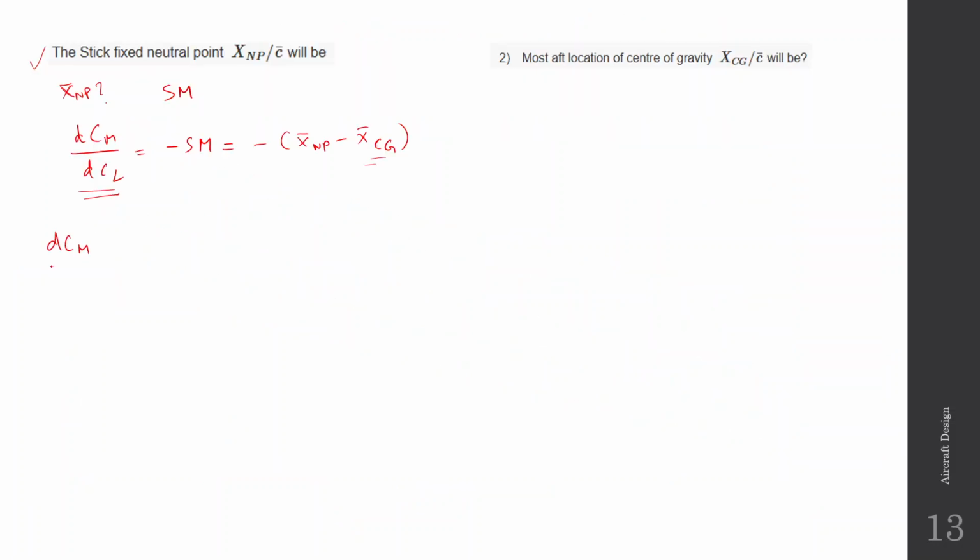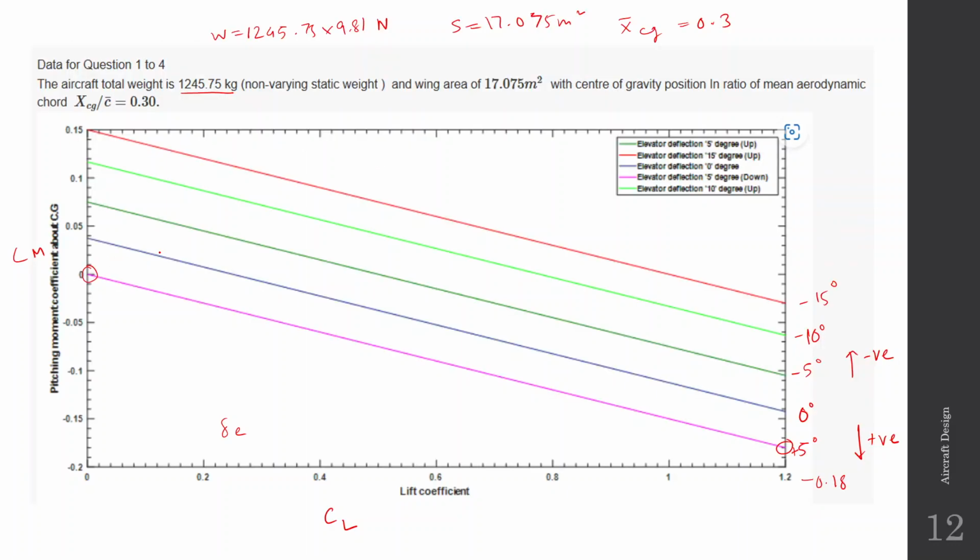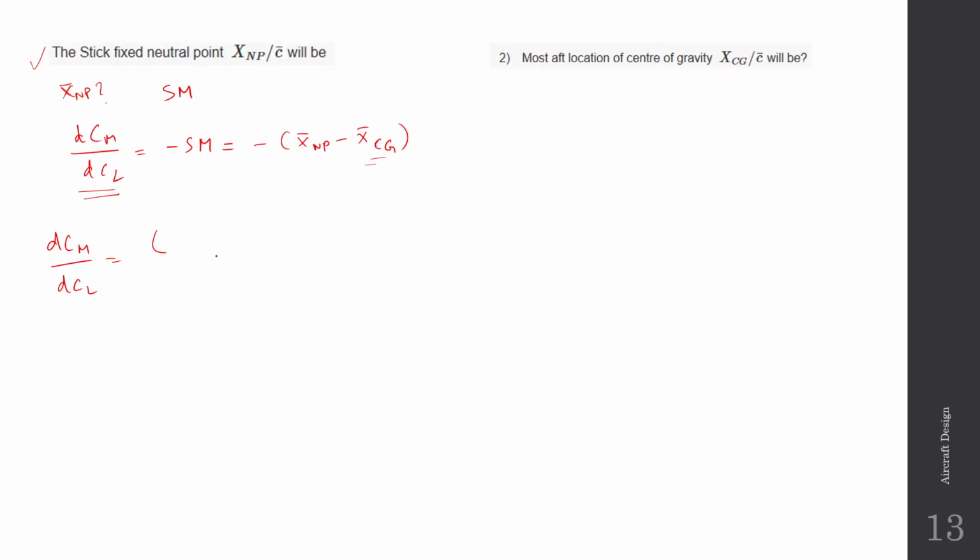So then dCm by dCl, we can write over here that you can see that the pitching moment is 0 and your lift coefficient is also 0, and here the pitching moment is minus 0.18 and the lift coefficient is 1.2.